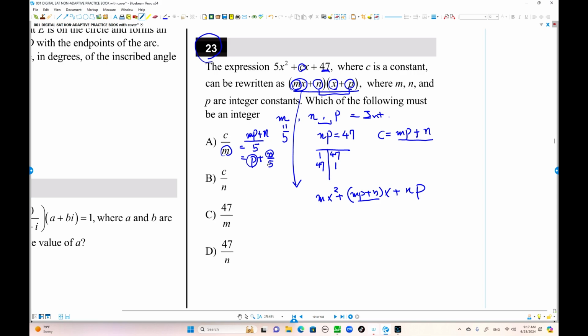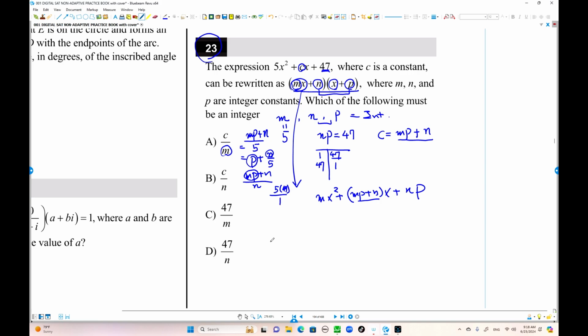The second one is c over n. This is the same thing, right? That is not an integer, okay? Because c can be written over here as np plus n over n, right? m is 5, you know that, but this is an integer, n over n is 1, but this is the integer. It can be divided by n, we don't know, right? If p is 47, for example, m is already 5, p equals 47, n is 1.